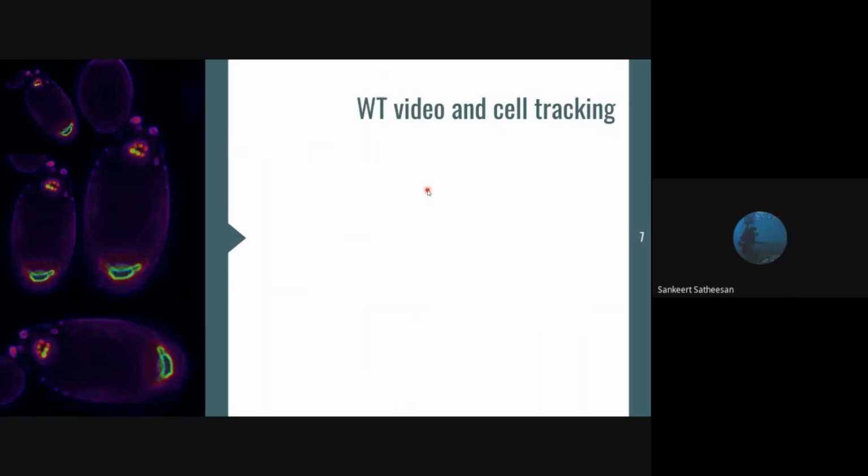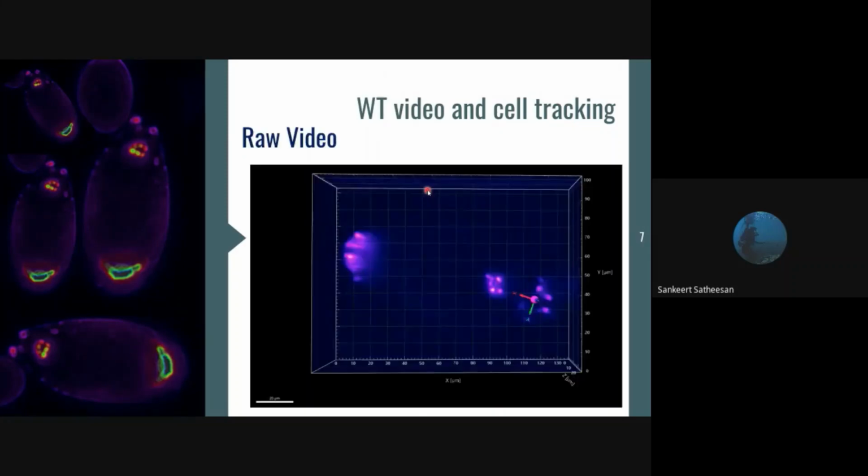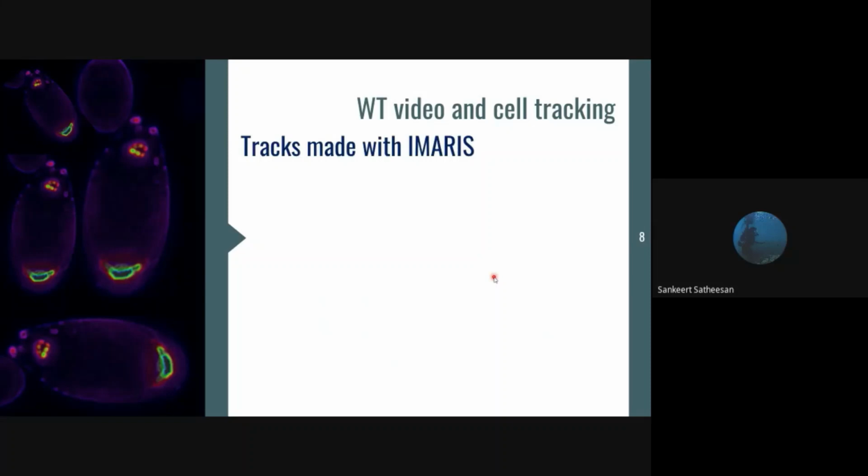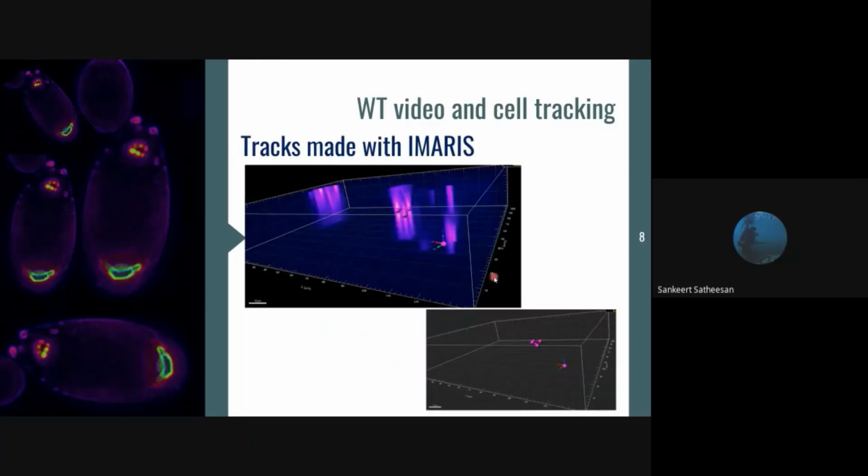After getting the video, I tracked the cells using Imaris. This is a raw video, and you can see the border cell cluster. Now I tracked it with Imaris. Here you can see the spheres, and here you can see the tracks.